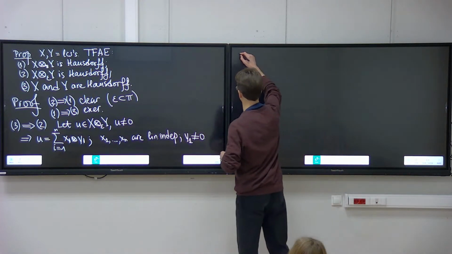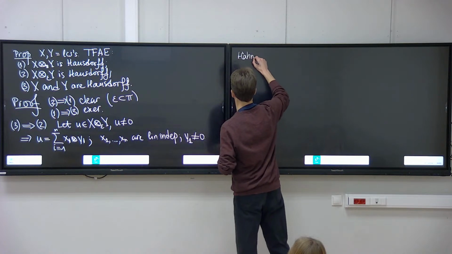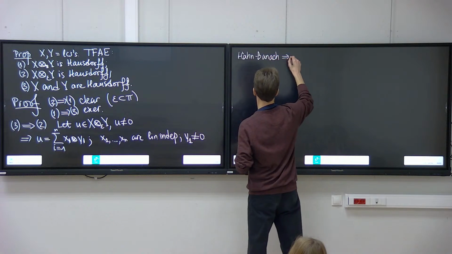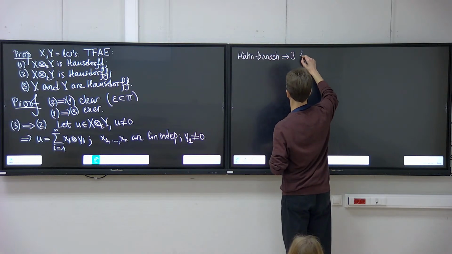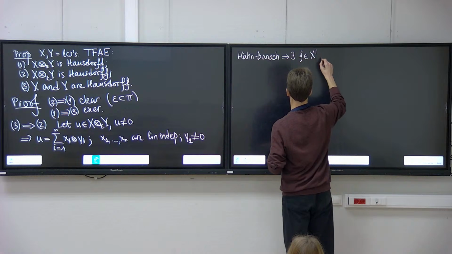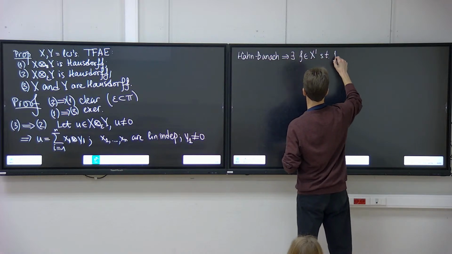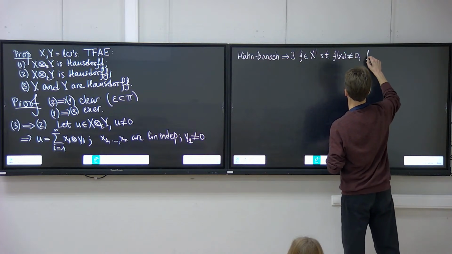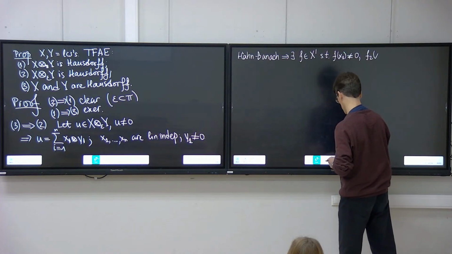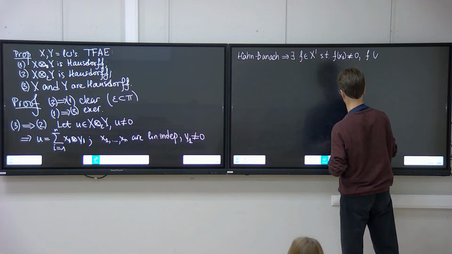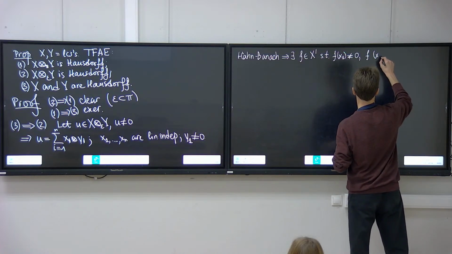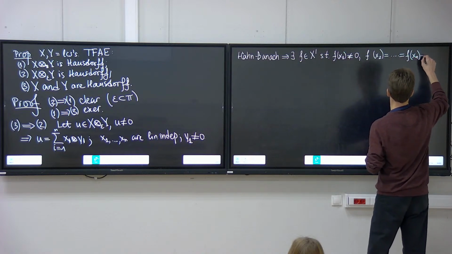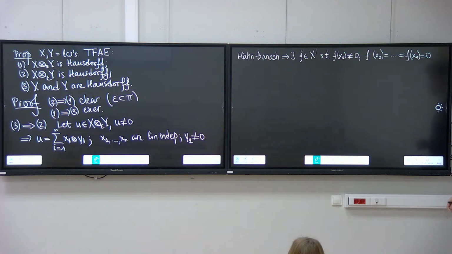Now we apply the Hahn-Banach theorem, and by using it, we find a continuous linear functional f on X such that f of x_1 is not zero, but f of x_2, f of x_3, up to f of x_n are zero.